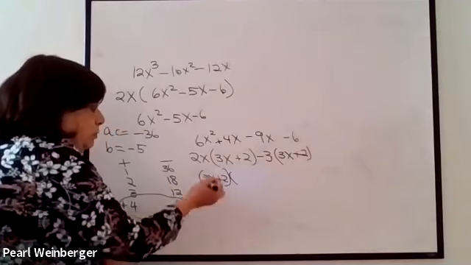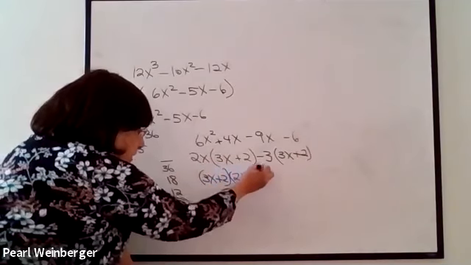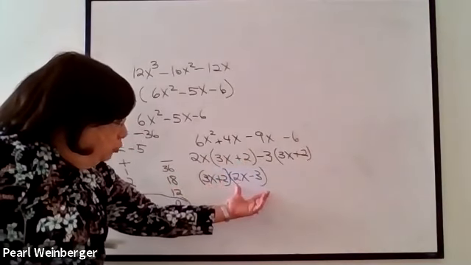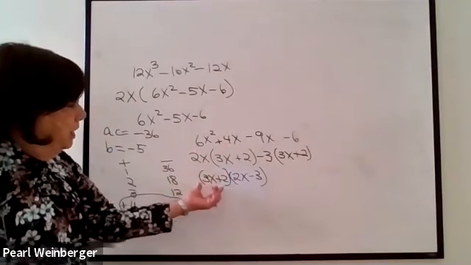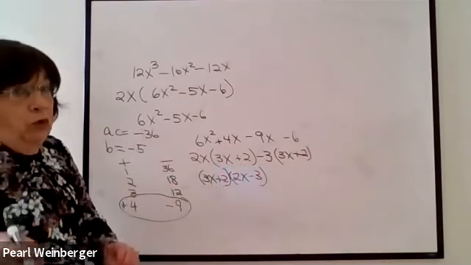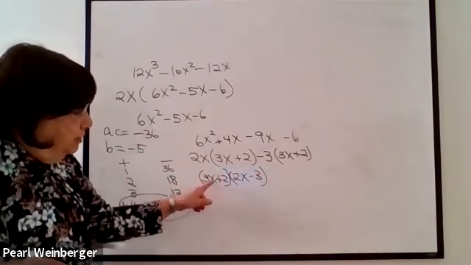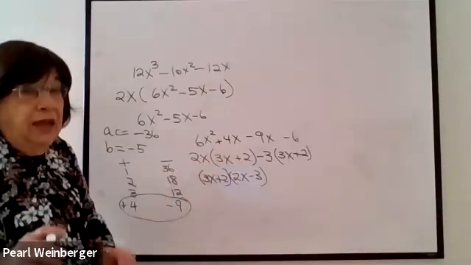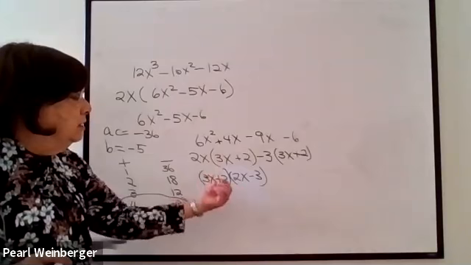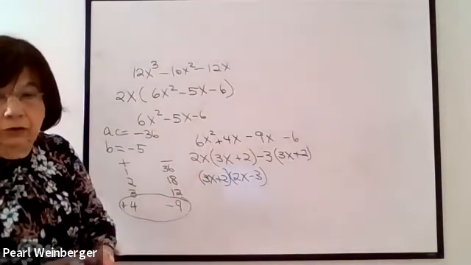And in my second parentheses, I put the numbers that are on the outside, 2x minus 3. It would be perfectly all right to put the 2x minus 3 first and the 3x plus 2 second. Doesn't matter what order you put the parentheses, but don't mix up the signs. Don't make it 3x minus 2 and 2x plus 3. That would be wrong. The only thing is that the order of the 2 parentheses can be switched.